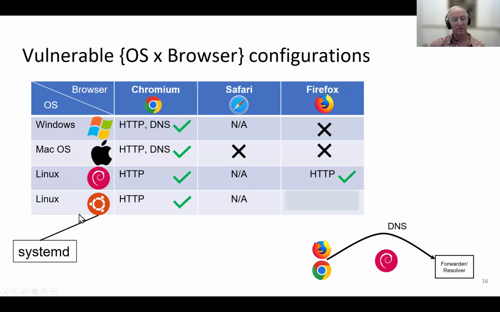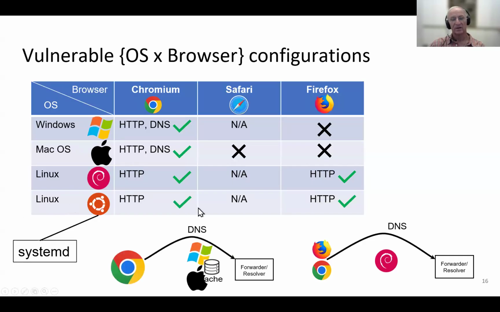And on Linux, we use the attack on systemd. We know how to measure the responses of systemd, and we can mount our attack on Firefox on the Ubuntu operating system. So this is summarizing the different configurations and the possible ways to attack them.